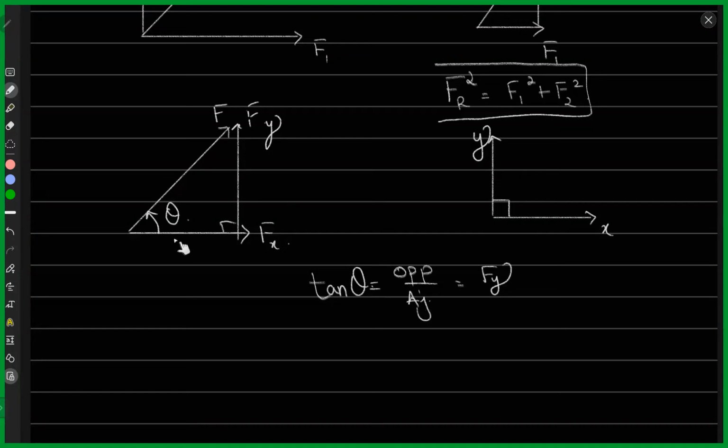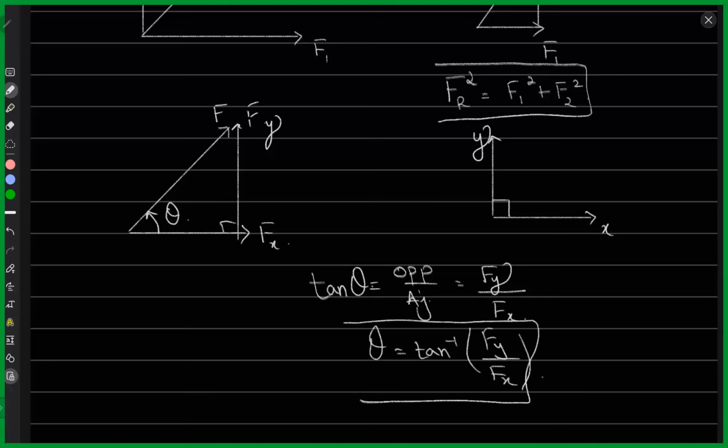If this is 90 degrees, then this is the adjacent or the base, and that's fx. Now this gives me tangent theta is equal to fy over fx, and then theta is just the tangent inverse of fy over fx. So that's how we get these two expressions. That's one of the ways that you can derive these two relations.